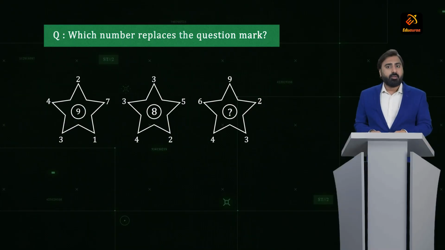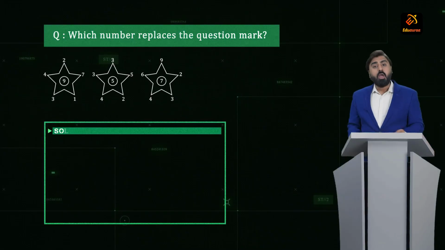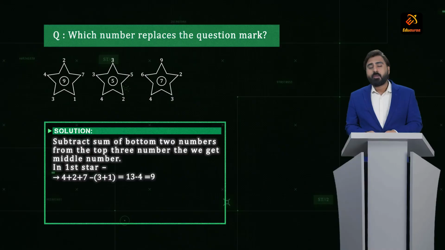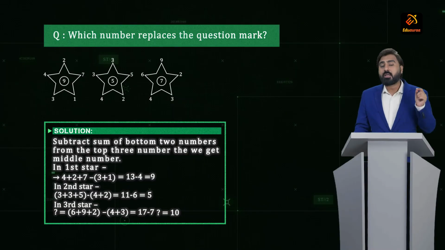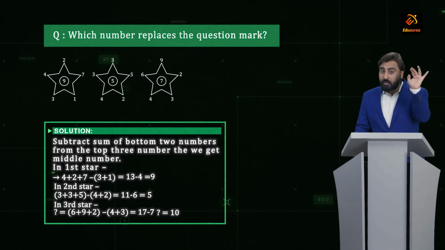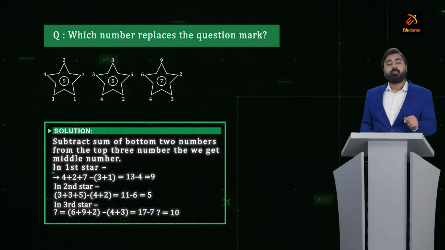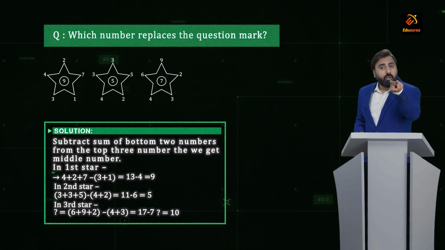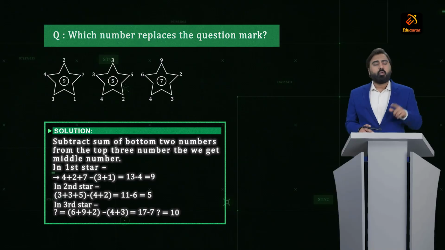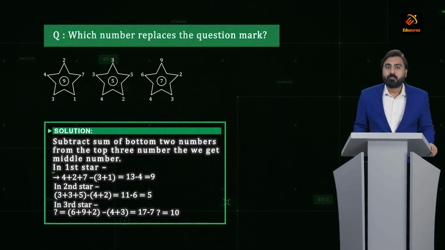So how will we find it? Now, what is the logic behind it? If you see properly, can you tell me what is the sum of 4, 2 and 7 in the first star, that is the first half? 4 plus 2, 6, 6 plus 7, 13. And the bottom two numbers, 3 and 1, what is the sum of 3 and 1? 4.